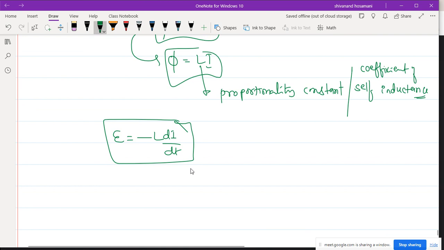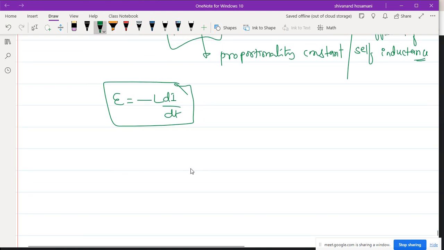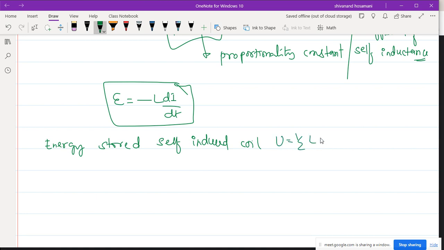Similarly, do you know the energy stored in the self-induced coil? The energy stored is U equal to half L I squared.